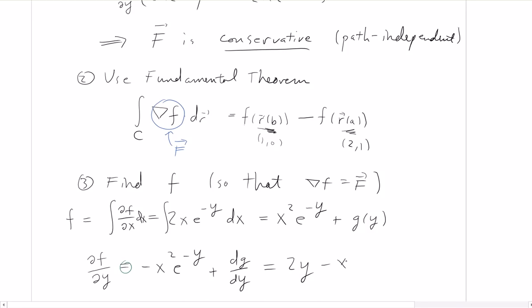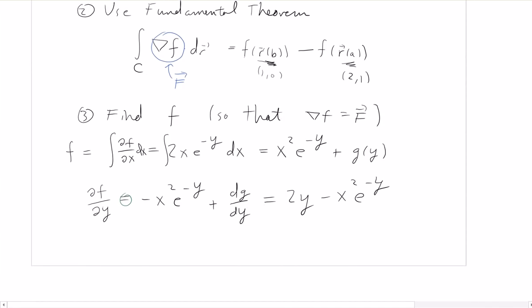And if you compare these two things, you'll see these terms are the same. So we can cancel them. And what does this tell us? This tells us that the derivative of g with respect to y is 2y.